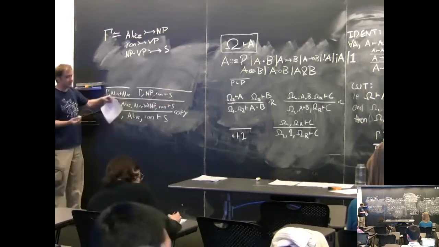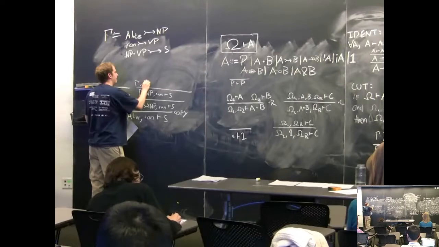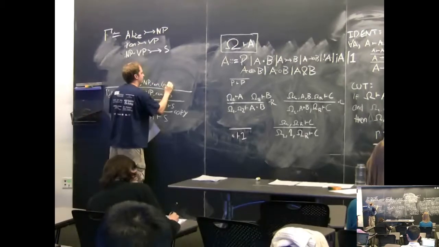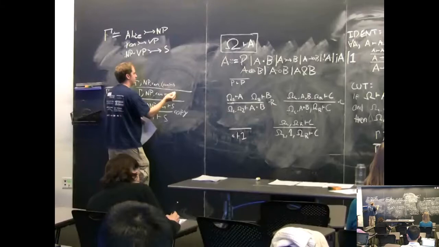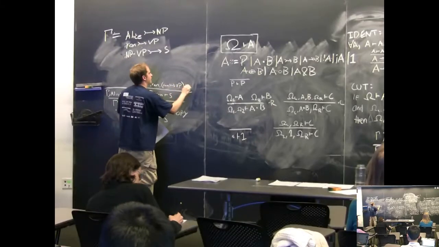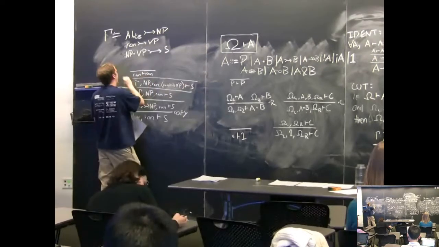Oops. So now I'm going to do the copy rule again. Noun phrase, ran. This time I'm going to copy in this one. Ran goes to verb phrase is a sentence. Ran proves ran.